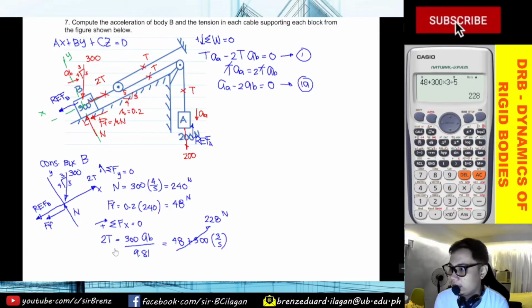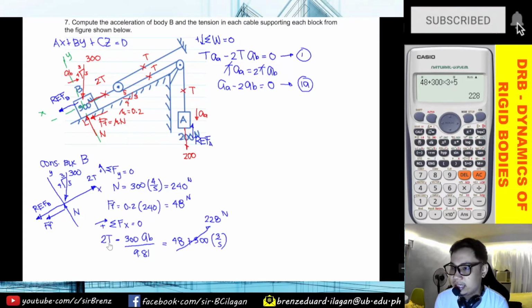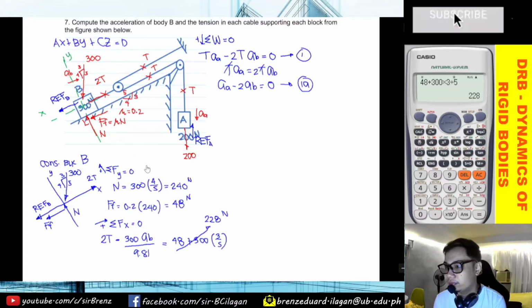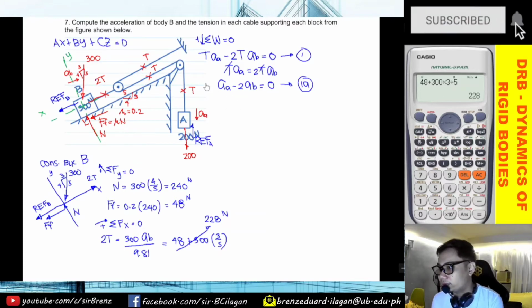So ano bang magandang gawing a dito? So ang gawin nating value ng a is para sa t. Yung b mo or yung y is yung ating acceleration for block A. Tapos yung c, yung acceleration for block B. Lagyan natin dito ng 0t. Okay guys wag lang malilito kung bakit may 0t dun.